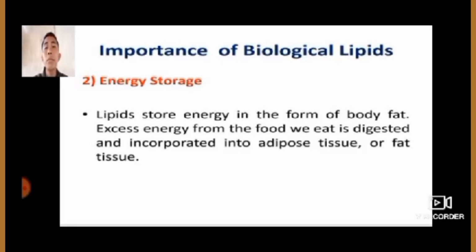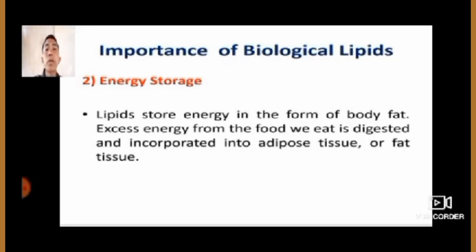The body metabolizes these nutrients, extracting energy from them. If the energy intake exceeds the immediate energy needs of the body, the excess energy is converted into lipids and stored in adipose tissue for later use.